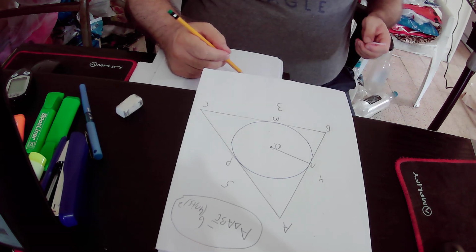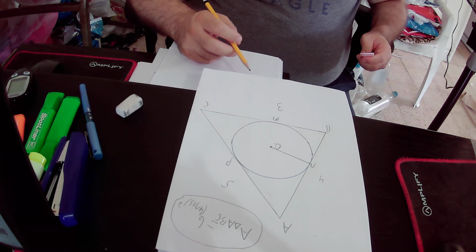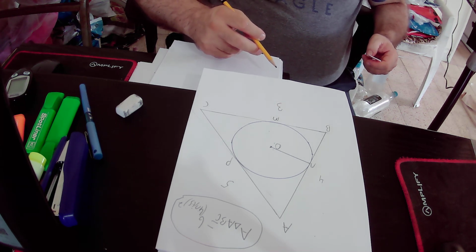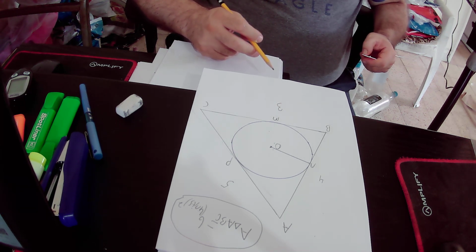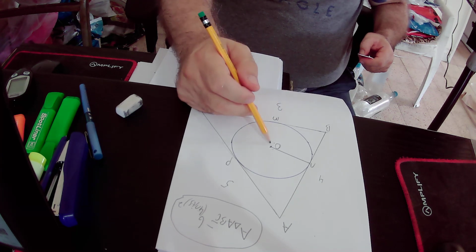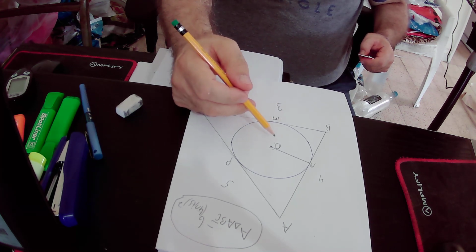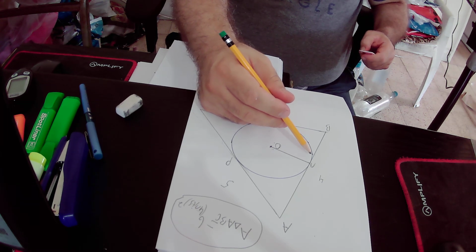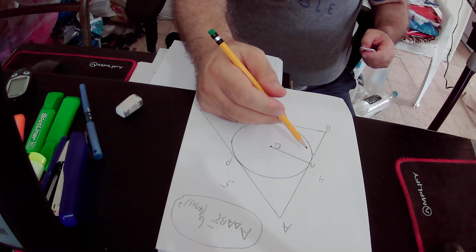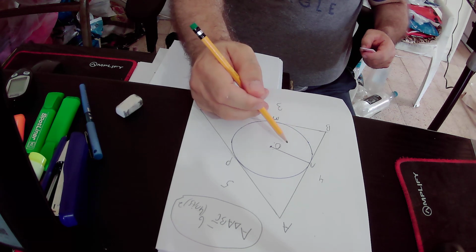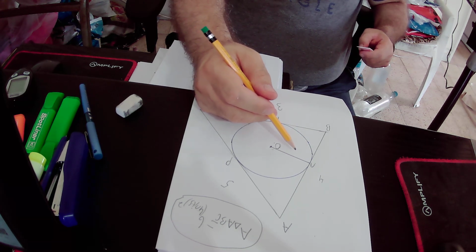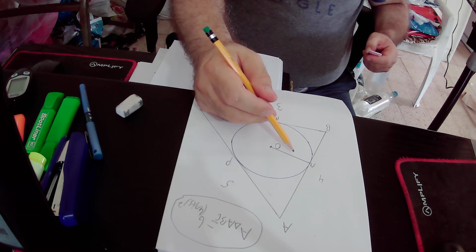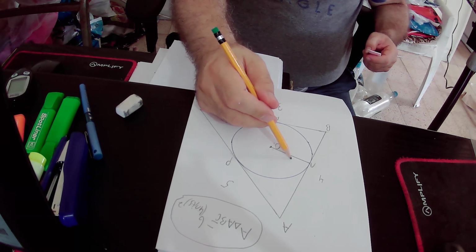Actually, line segment NO is the radius of this circle, because it starts from the center of the circle and ends at point N, that is a point on the circle itself. For that reason, line segment NO is defined as the radius of this circle. I will mark it as small r.